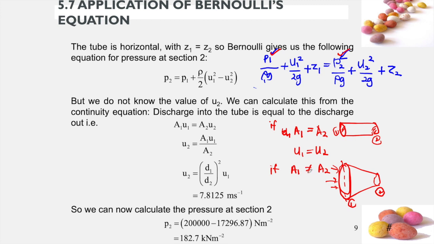So area 1 is not the same as area 2. Therefore, U1 is not equal to U2. Then your Bernoulli's equation will be left with terms U1 and U2. You cannot cancel it out. Okay, now we take a look at this condition. Our condition here is A1 is not equal to A2.